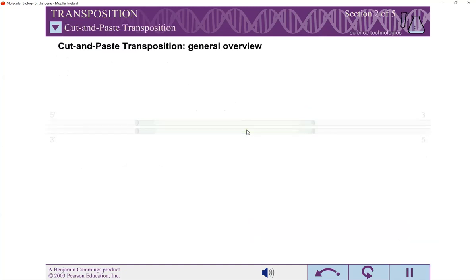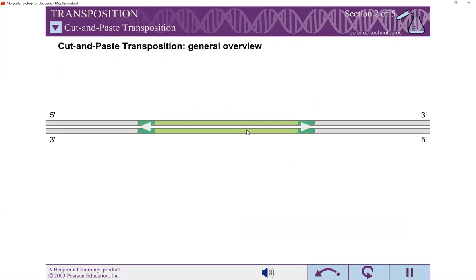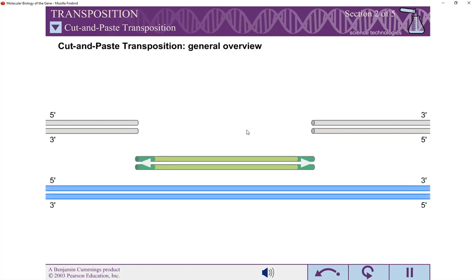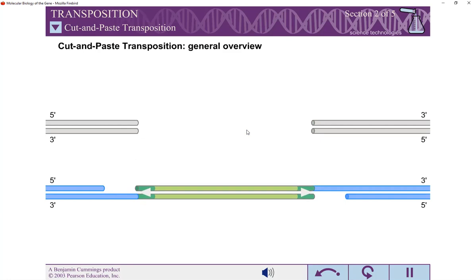Simply put, cut and paste transposition involves the excision of a transposon from its initial location in the genome, followed by integration of this excised transposon into a new DNA site. This is a non-replicative mechanism, meaning that the transposon is not copied during the transfer. The transposon has been cut from one location and moved to the other.